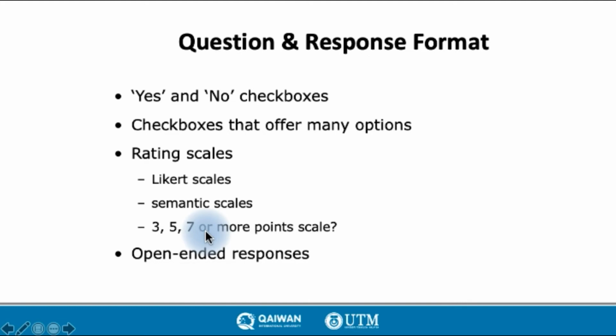So usually you will give a range to the users to evaluate their satisfaction, either from 1 to 7, so they can rate how interested or satisfied they are with the current applications.